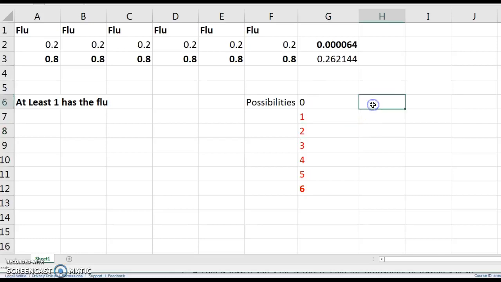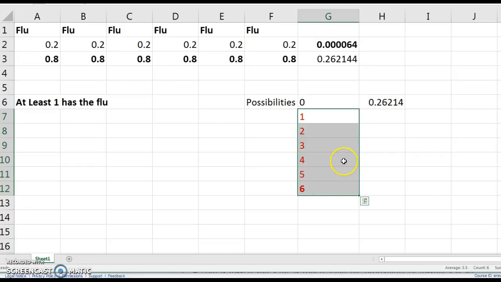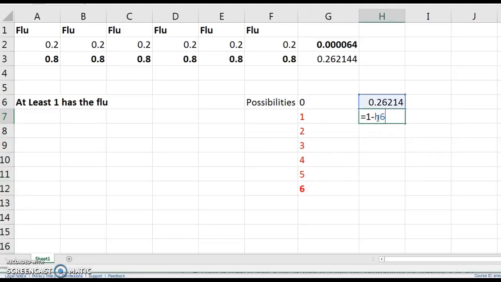And so we know the probability of 0. We just calculated that. The probability of 0 is right here. It's 0.8 to the 6th power. That's the probability that none of them have the flu. Well, the rest of these have to contribute to add up to 100%. So if we do 1 minus that answer, we get what all of these together must add up to, and that's the complement.